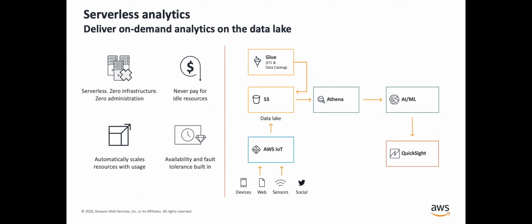For analytics, just like the way I talked about conventional foundational services, it's not just one service. Usually it's multiple services that you chain together. Athena is our Presto query engine, and S3 is our storage.